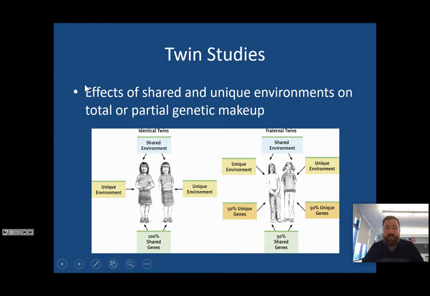Whereas any similarities that they show are probably related to genetics, because again, they're genetically similar. The only thing different would be their environment. Okay? So again, identical twins have unique environments, and they have 100% shared genes.